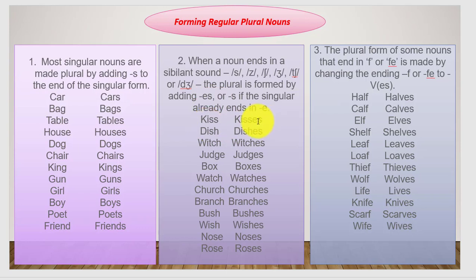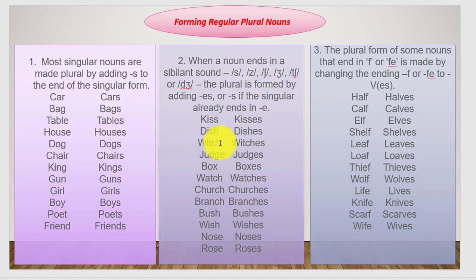Kiss, kisses. Class, classes. This is the s sound. Dish, dishes. This is the sh sound. We need to add es.